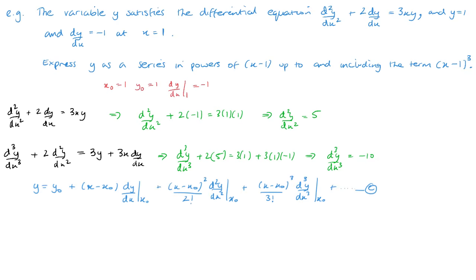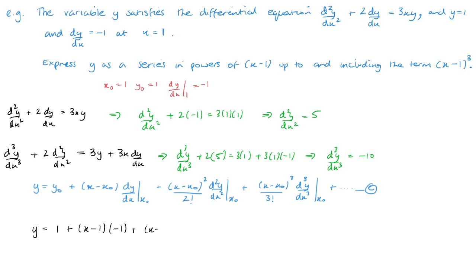Okay, so this is the one we're going to substitute into, so it's going to be y equals, so y0 is 1 plus, now we've got x minus x0 is 1, dy by dx of x0, that is going to be minus 1.